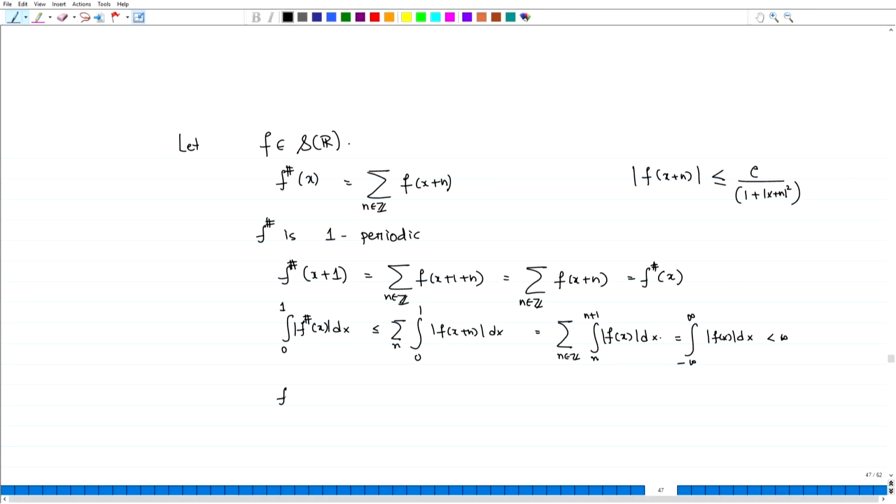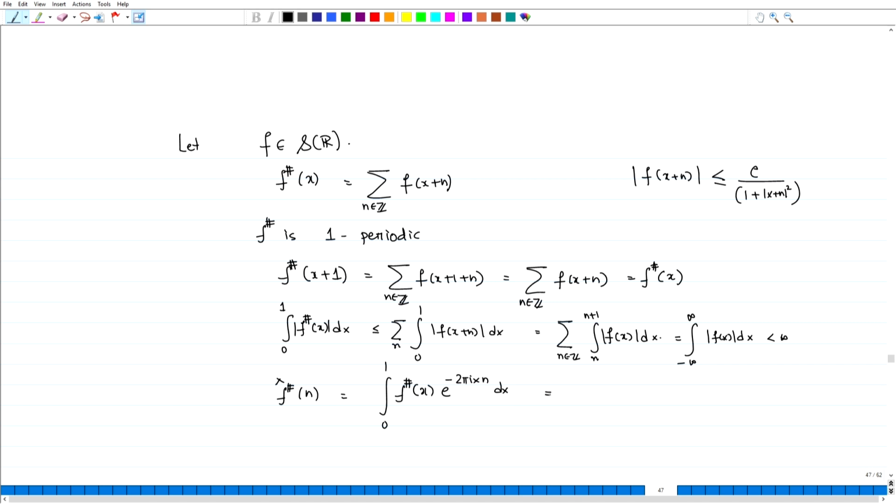So now f sharp hat at n we can define to be the integral from 0 to 1 of f sharp of x e to the power minus 2 pi i x n dx, as the Fourier coefficient of a one periodic function.